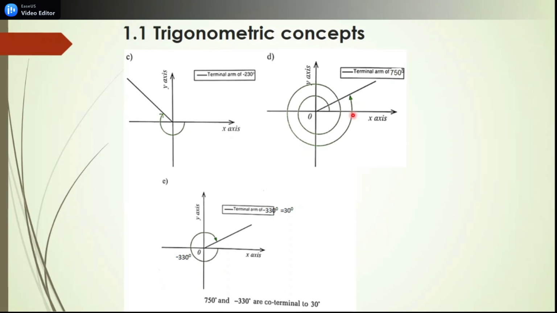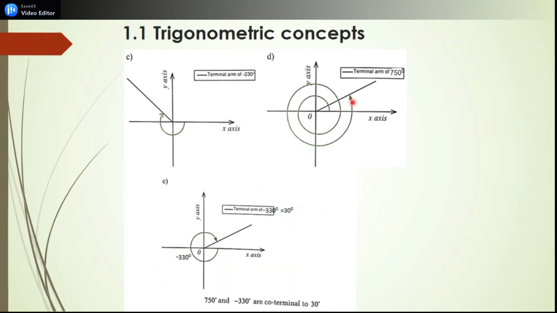When we add the two turns, we get 720. Then when we add 30 degrees to 720, we get 750 degrees. So this angle is in the same position as the angle of 30 degrees.